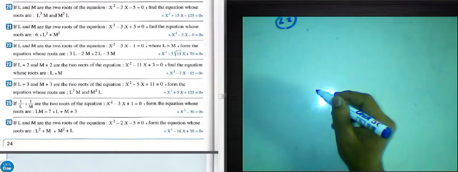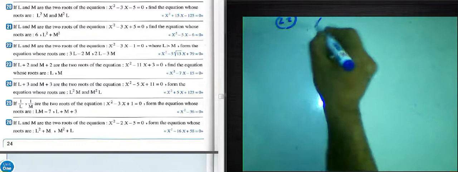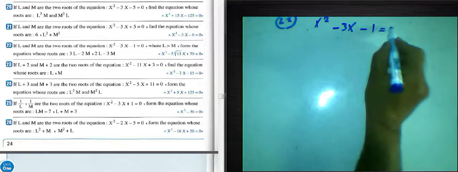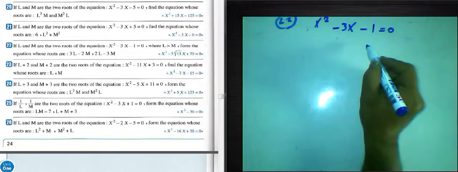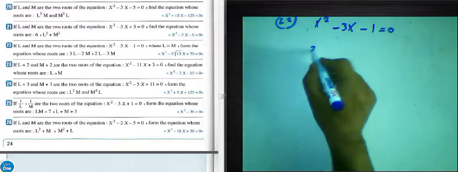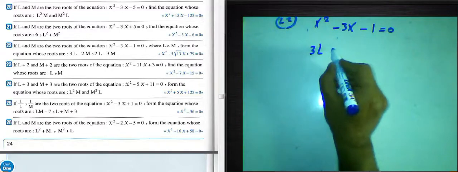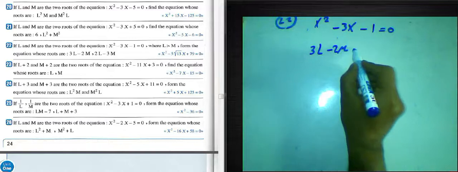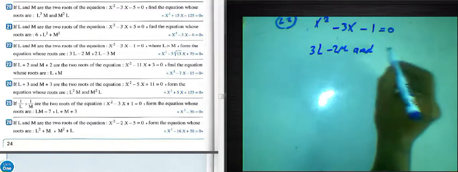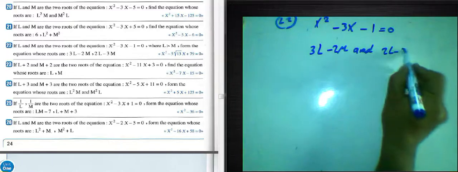If L and M are two roots of the equation x power 2 subtract 3x minus 1 equal 0, form the equation whose roots are: the first 3L minus 2M and the second 2L minus 3M.